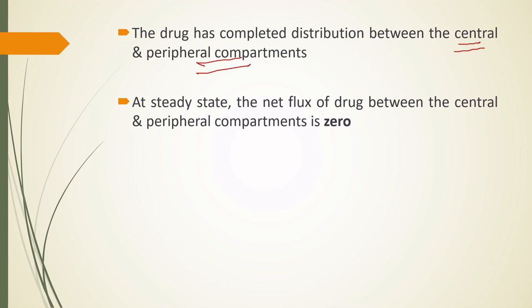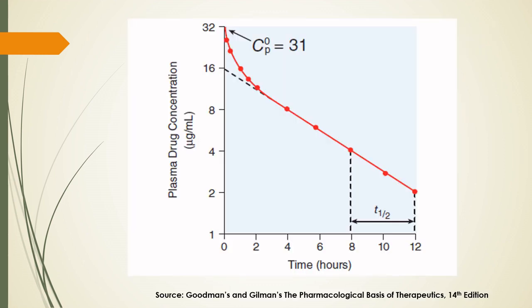And since the distribution is complete, at steady state the net flux of the drug between the central and the peripheral compartment will be 0. So there is no net movement of the drug between the central and the peripheral compartments. So this is the kind of graph that we are going to get for a drug which follows the multi-compartment model of drug distribution.